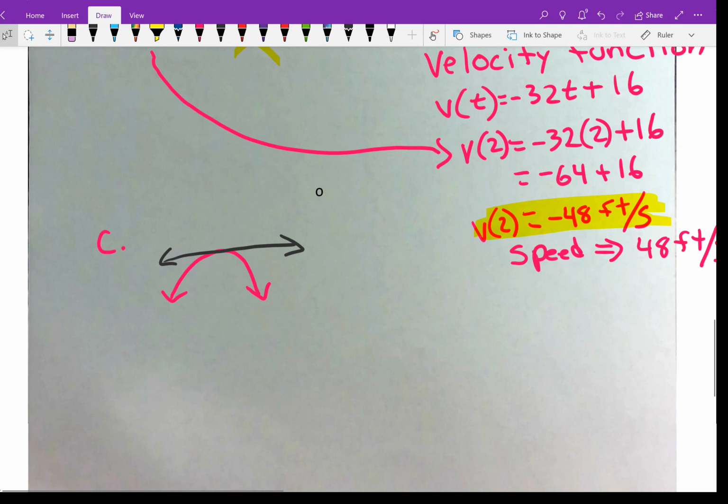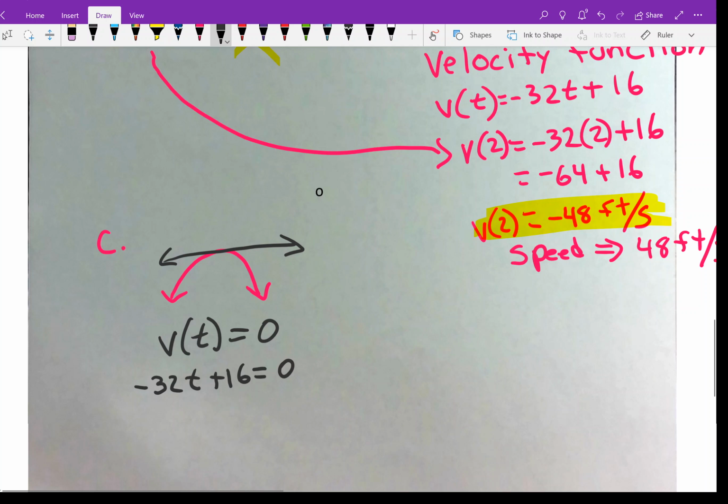So in order to do this, we need to set our velocity function, our v of t, equal to 0. My velocity function is negative 32t plus 16. Negative 32t plus 16 equals 0.